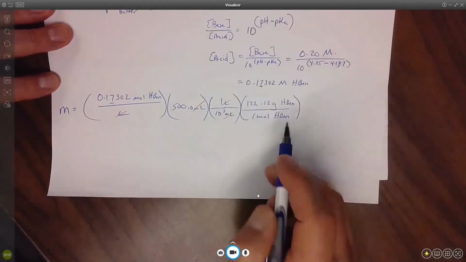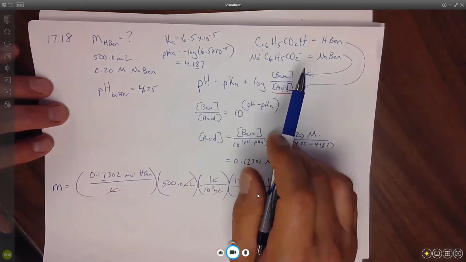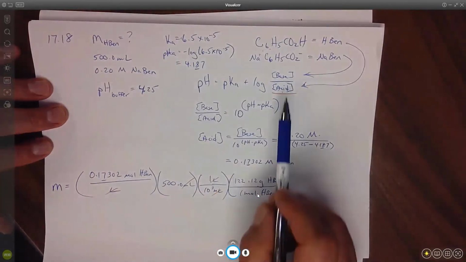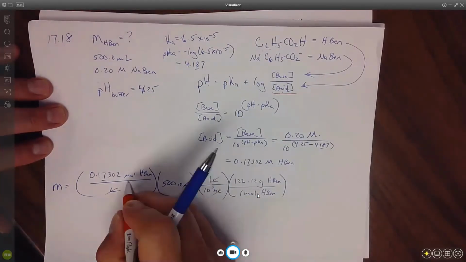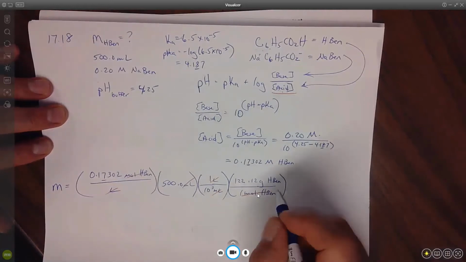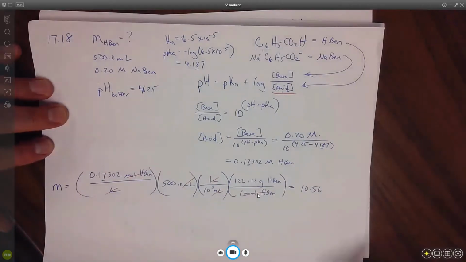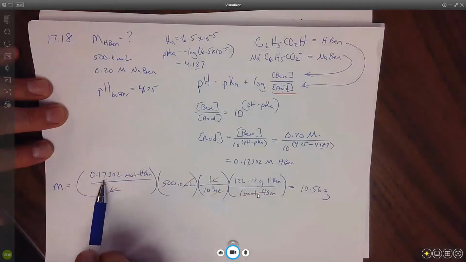And again, remember that H-ben represents that entire chemical formula there, right? So that's where I got that molar mass, from that formula. But we're just calling it H-ben. So then the moles cancel, plug it into your calculator, and you're going to get a value of 10.56 grams. This was 2 sig figs. This is 4.